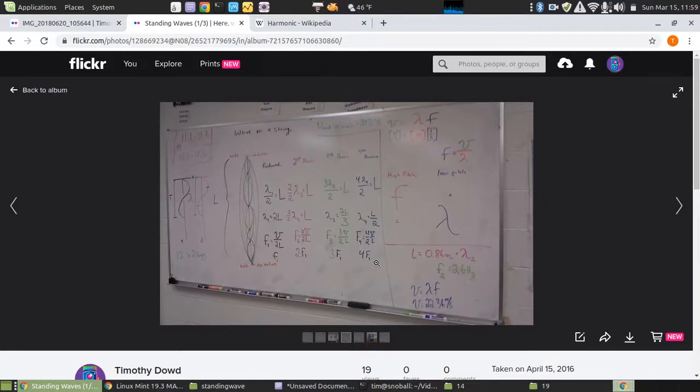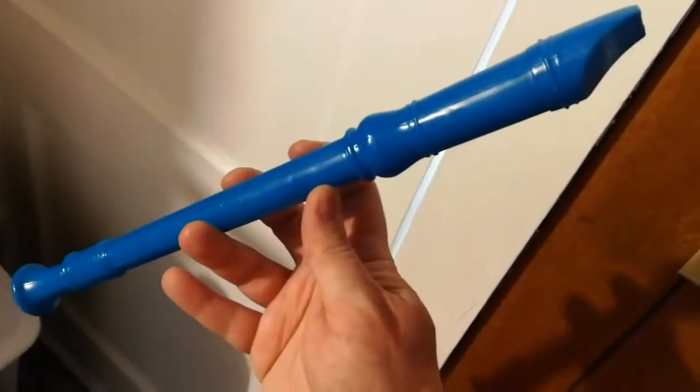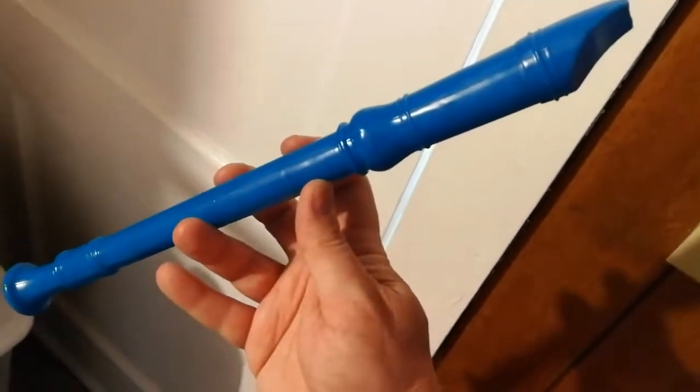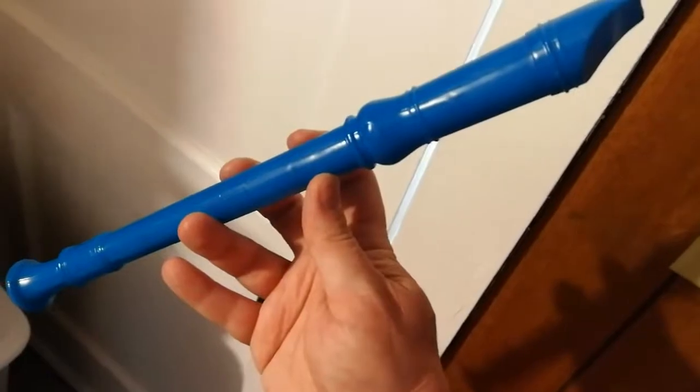Let's look at some other instruments that aren't strings and have different geometry requirements, not necessarily nodes at both ends. In the case of a woodwind, we change the length of a pipe, and that allows air to resonate in different size cavities, giving different notes.